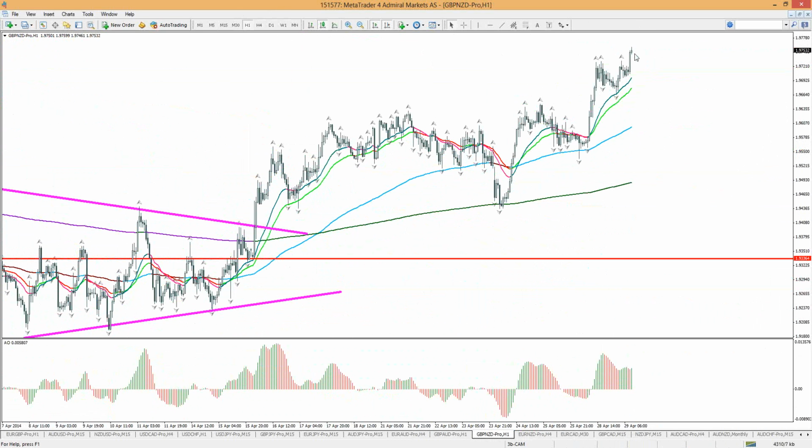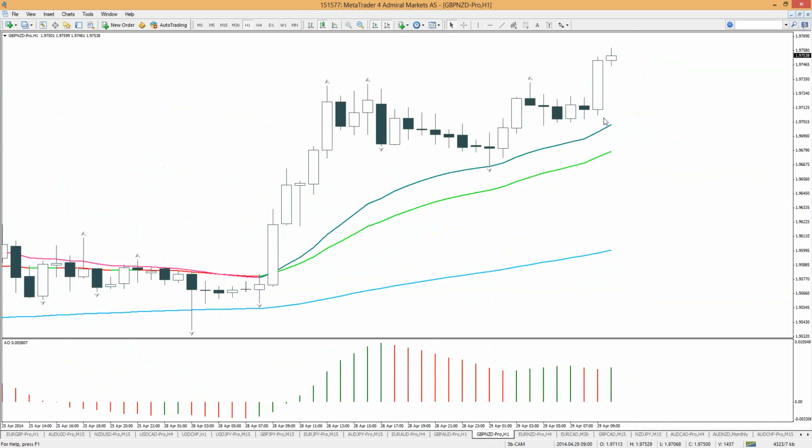Plus we are far away from the moving averages, which means that there's a good chance that we'll make some retracement before we potentially continue, because otherwise, at some point this is going to make a bigger retracement. I don't think it's worth taking a trade right here at the top of an up move.